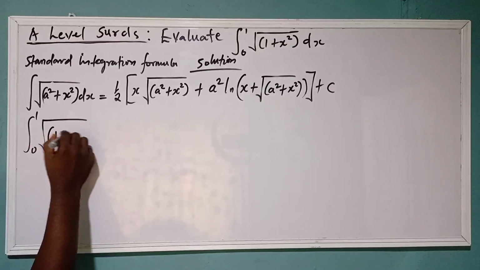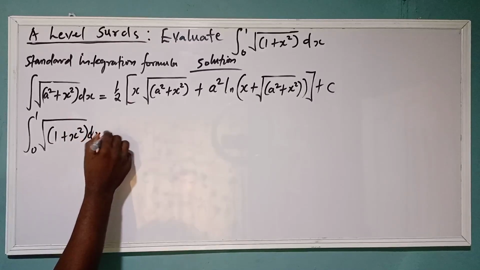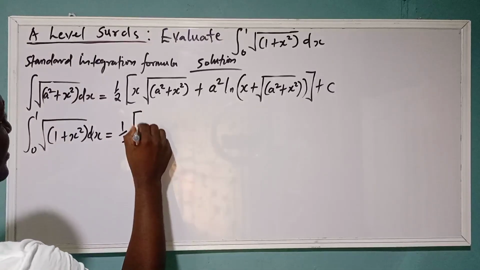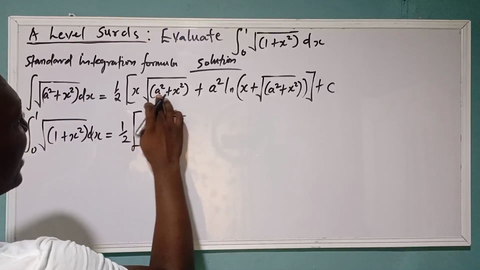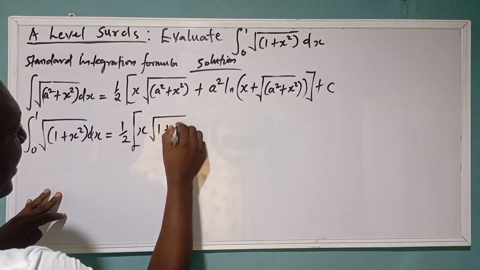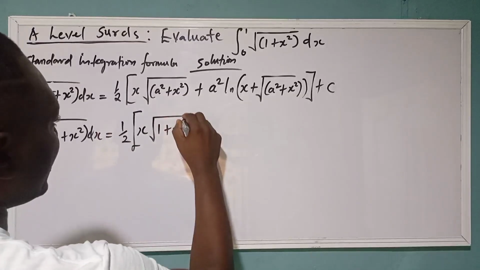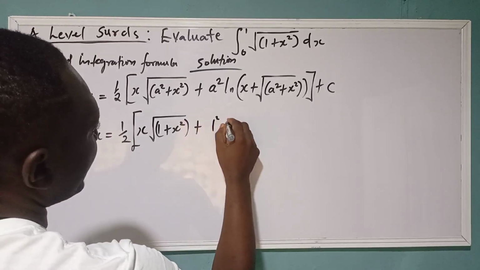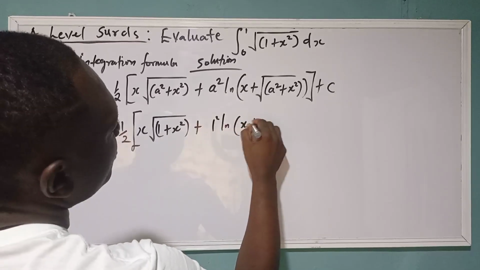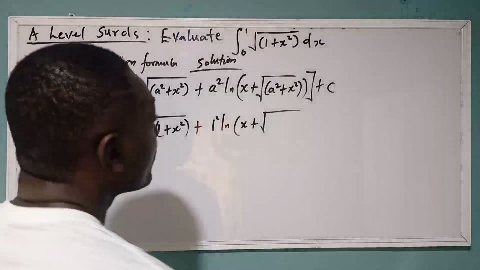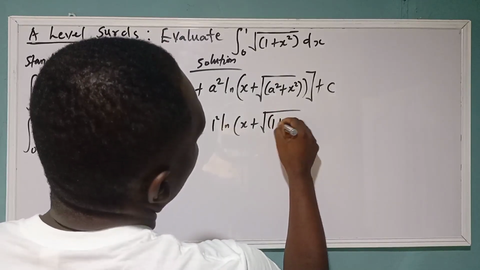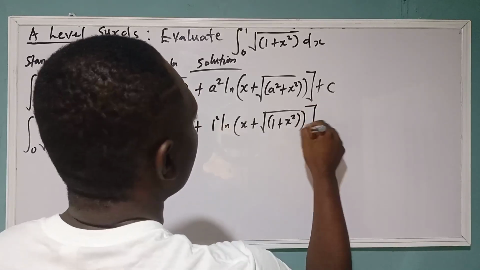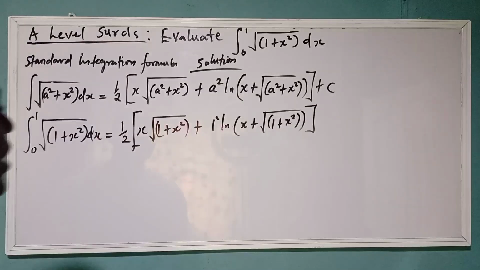We have 1 plus x squared dx becomes 1 over 2 open bracket x square root of, now a squared is 1, so we have 1 plus x squared. Then we have plus a squared, which is still 1, ln x plus square root of 1 plus x squared, then close bracket. Okay, so this is the substitution of the value.